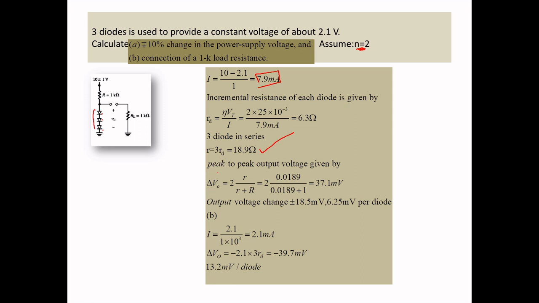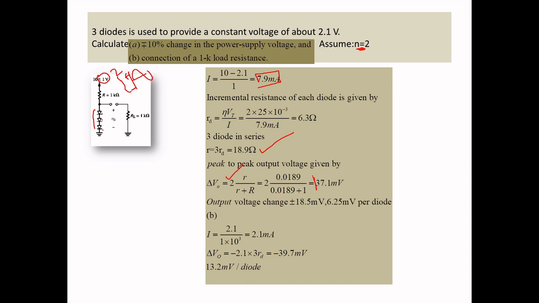Now I want to calculate the variation of the output voltage. The input is 2 volts peak to peak, because it is given as a variation of plus or minus 1. So 2 volts into the AC voltage divider, with R written in kilo ohms: 0.0189 divided by 0.0189 plus 1.